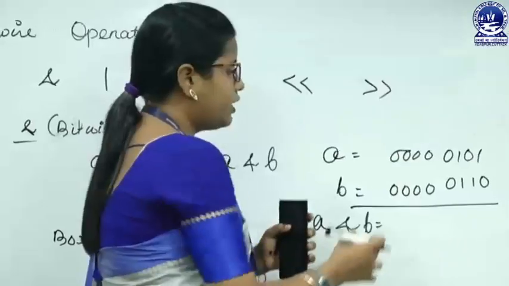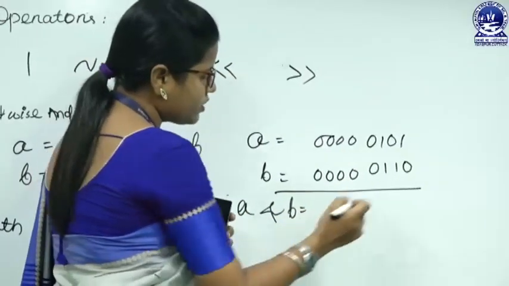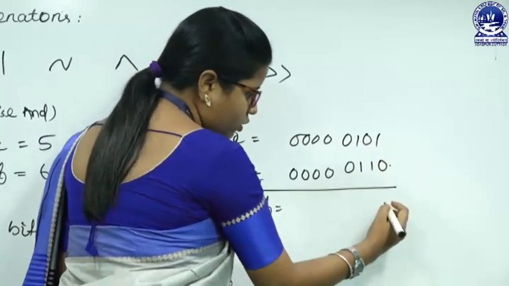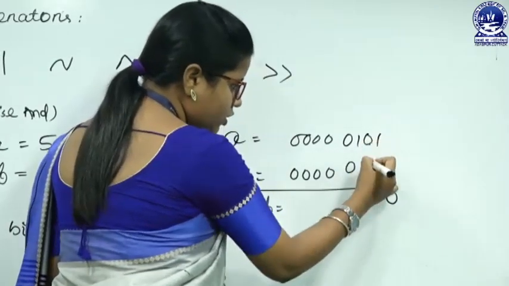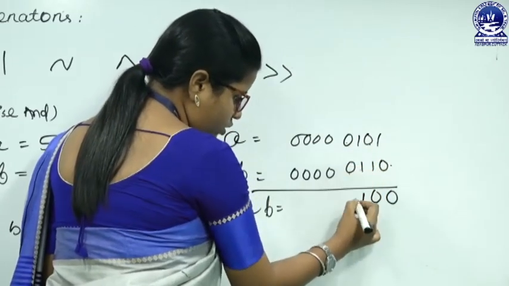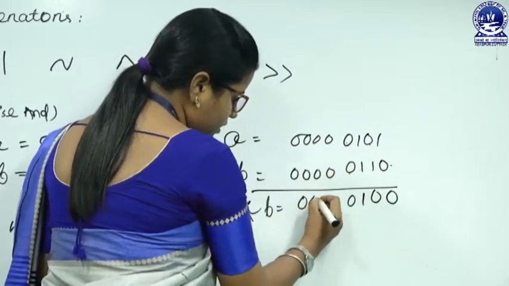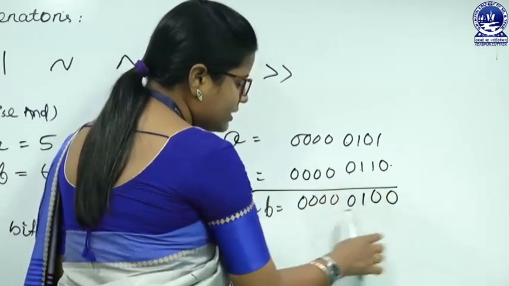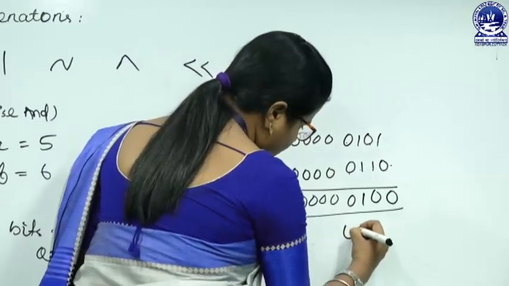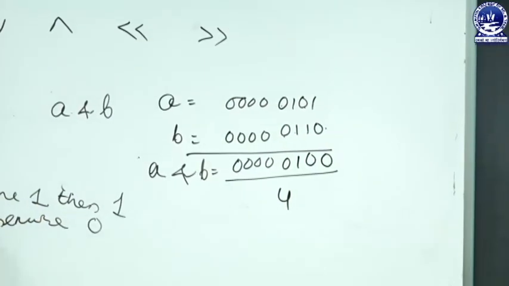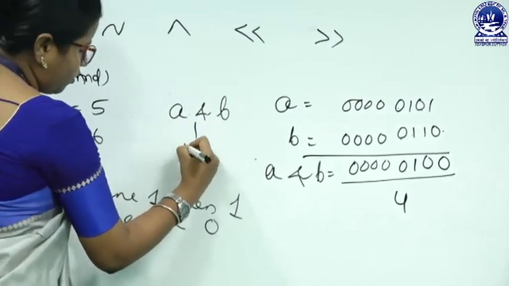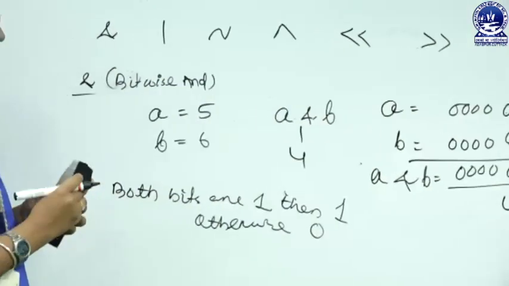So let us do the bitwise AND operation. First bit is 1, second bit is 0, the result is 0. Then 0 1 0, 1 1 1, 0 0 0 and the rest are 0 0 0 0. What is the equivalent decimal of this binary value? That is 4. So if A equals 5 and B equals 6, then A AND B equals 4. This is the bitwise AND operator.